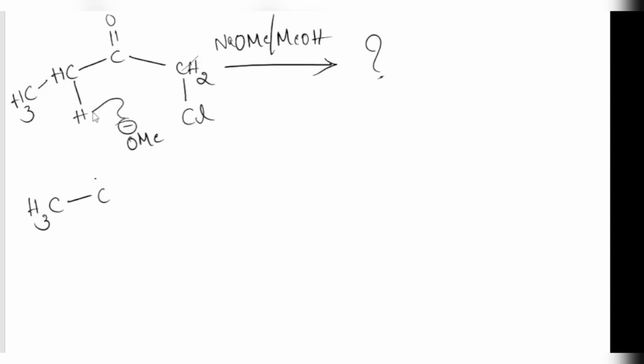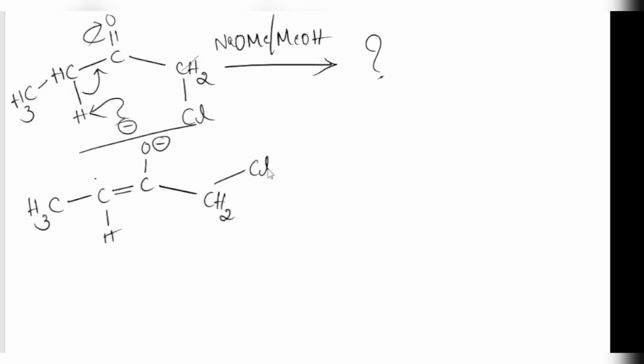This methoxide ion will abstract this particular proton, then we will get a double bond and one hydrogen is there, and C, I will write O minus like this, then here CH2Cl.